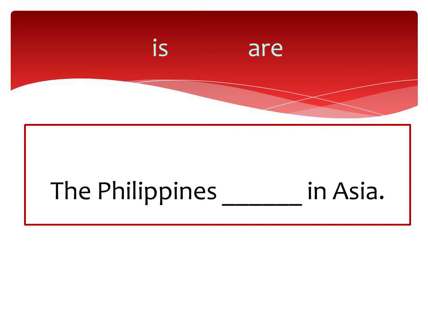The Philippines is or are in Asia. The correct answer is, the Philippines is only one. It may end in S, but it's only one country. So the Philippines is in Asia.